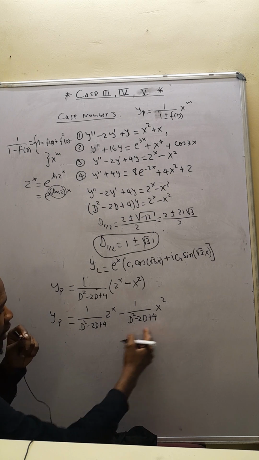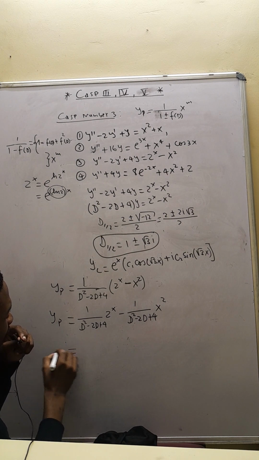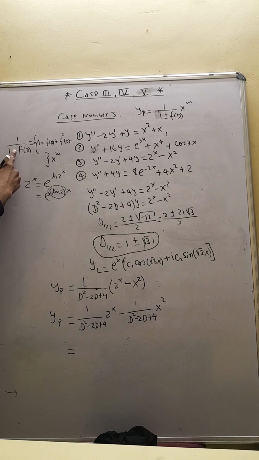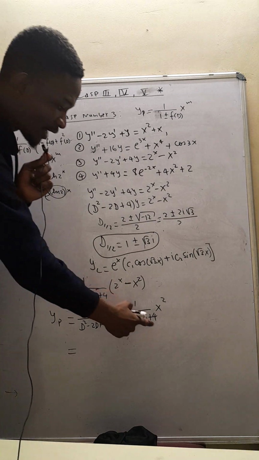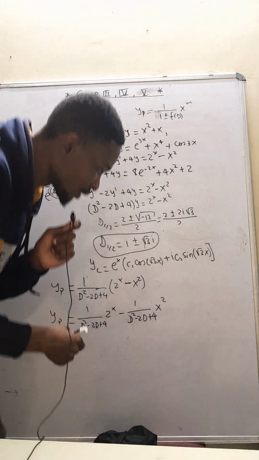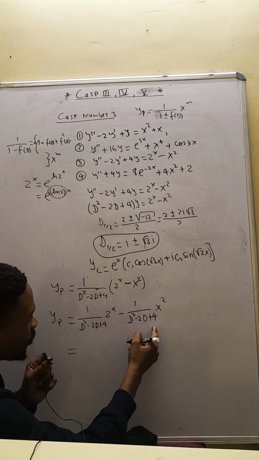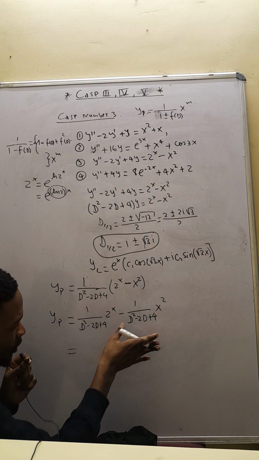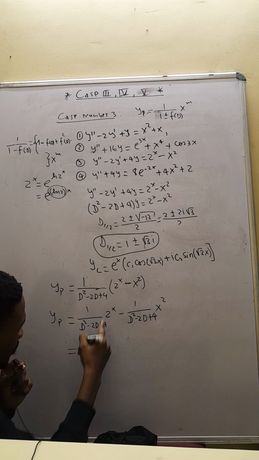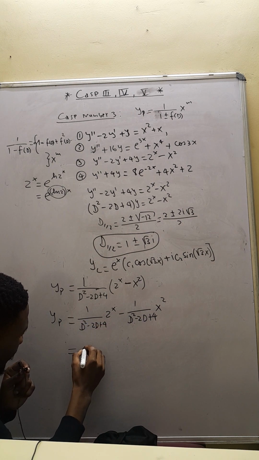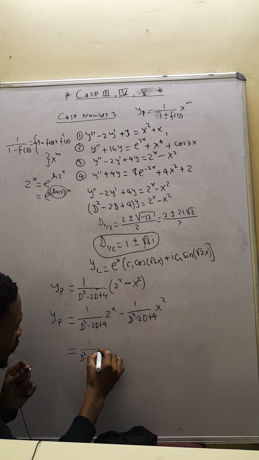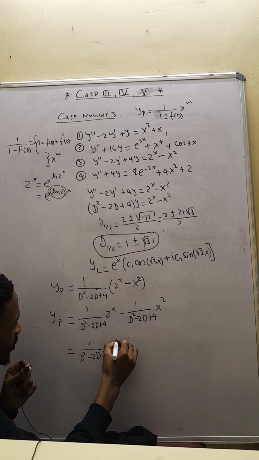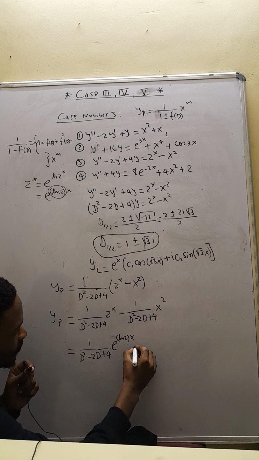So then, here, I have to make it a function look like 1 minus fd or 1 plus fd. In this case, it will be 1 minus fd. But here, I don't have 1. That's the point. How to make it 1? So see, to make it 1, you have to multiply and take 4 here. So for this case first, you will get something like this. 1 over d squared minus 2d plus 4, and Euler raised to ln 2 times x, minus.